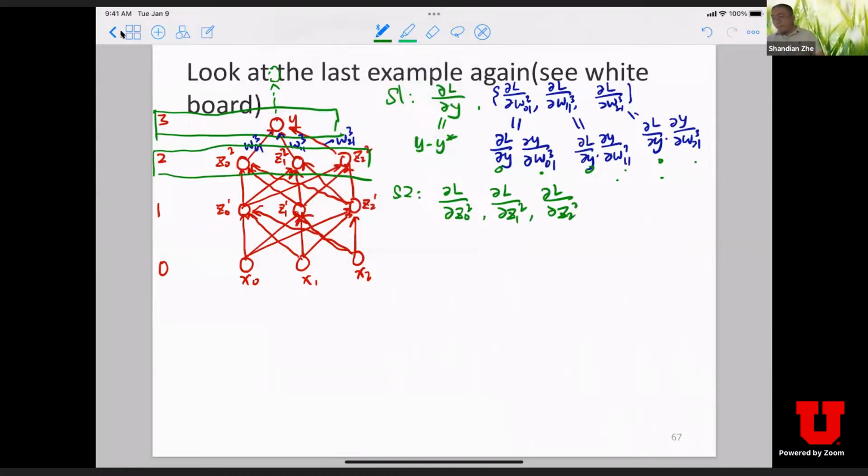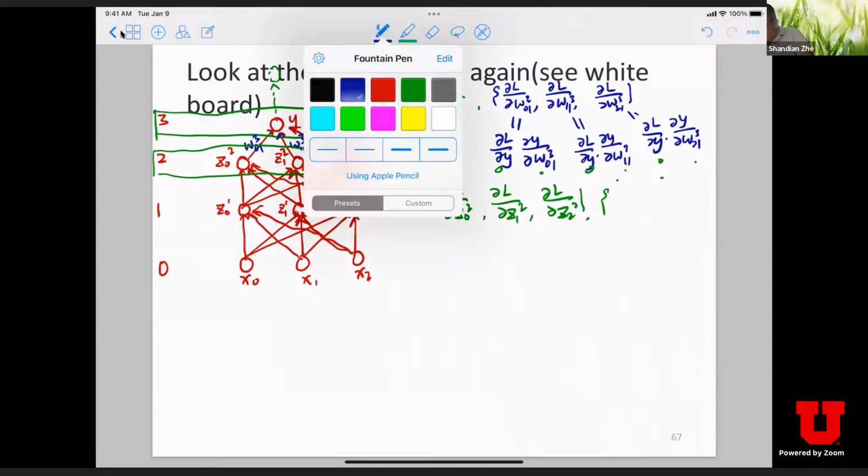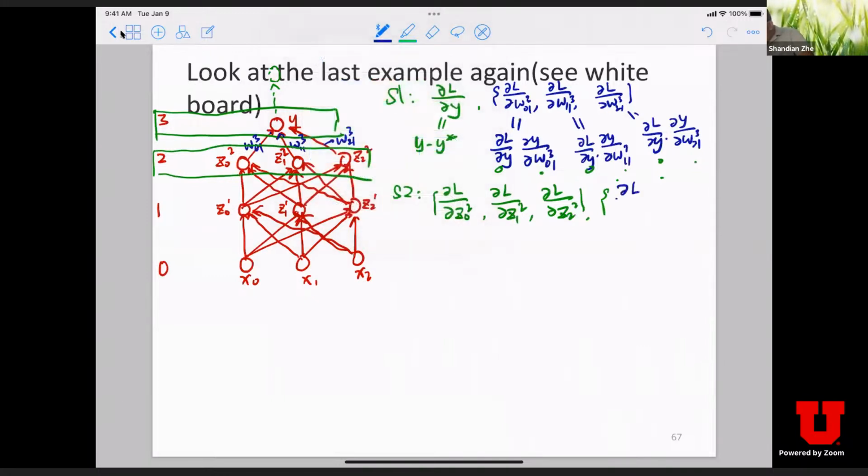And once we have these 3 results in hand, then we can simply compute all the weights on the edges pointing to these 3 neurons, right? So let me just write it as partial L over partial W, the target layer is 2, and M and N, right? So M, N, we just take 0, 1, 0, 1, 0, 1, 2, right?